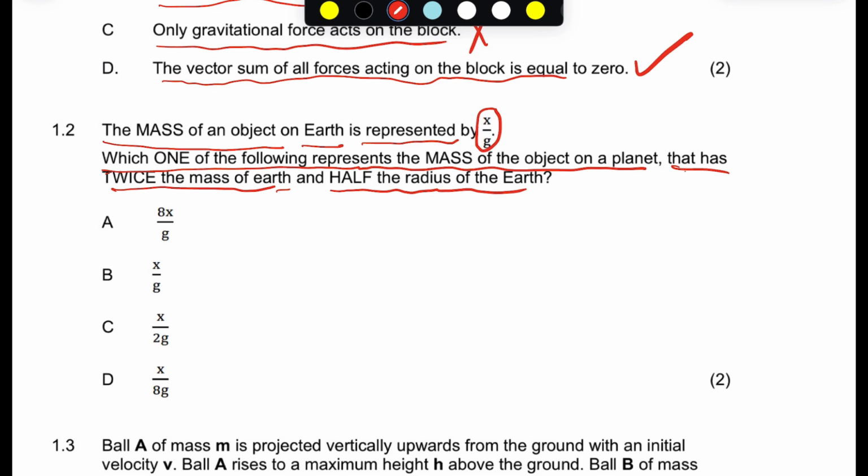Now the question says which one of the following represents the mass of an object on a planet. So on any planet, the mass of an object won't change. For the fact that the mass of this object is w over g, it will be w over g. It won't change. So the answer here is B. These are not the options.